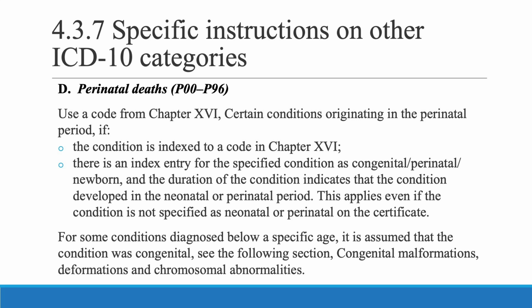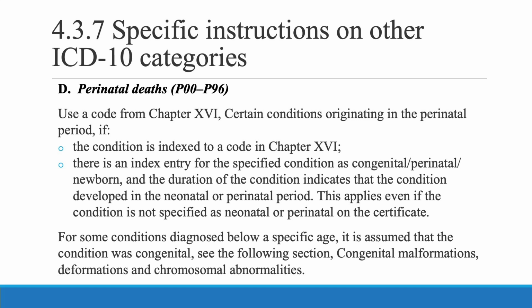Chapter 16. The instruction says use a code from Chapter 16, certain conditions originating in the perinatal period, if the condition is indexed to a code in Chapter 16, or if there's an index entry for the specified condition qualified as congenital, perinatal, or newborn, and the duration of the condition indicates that it developed in the neonatal or perinatal period.